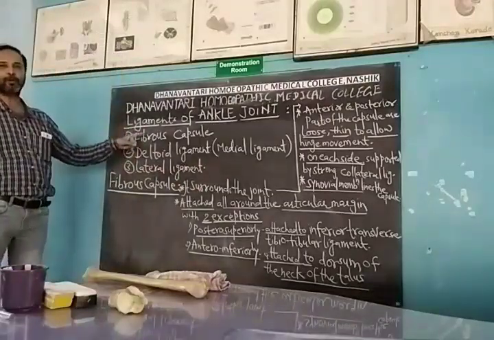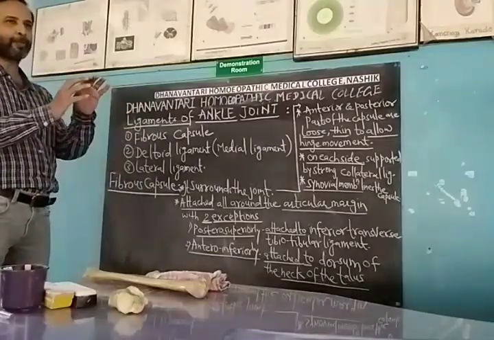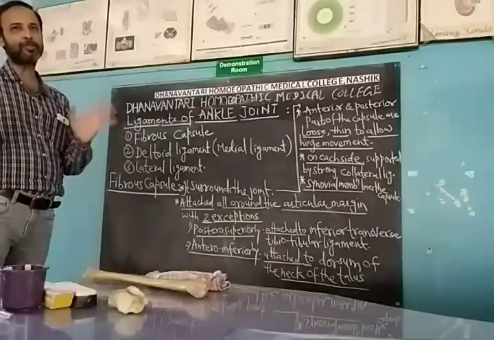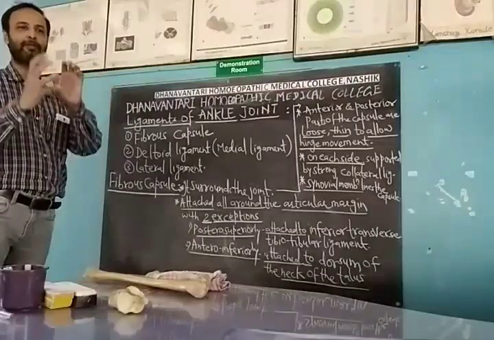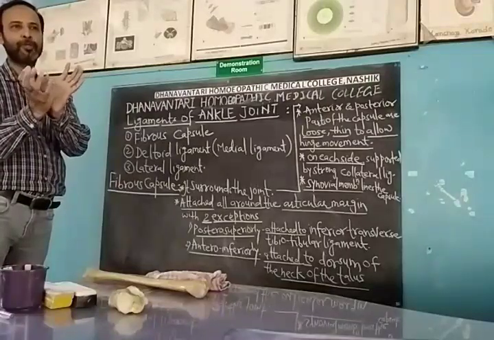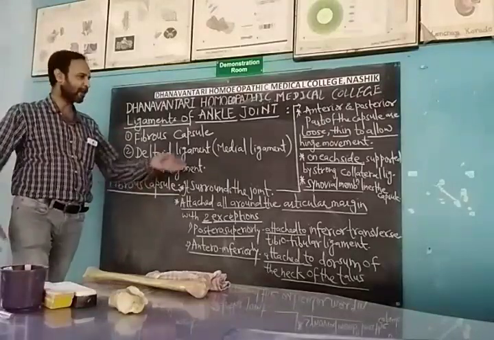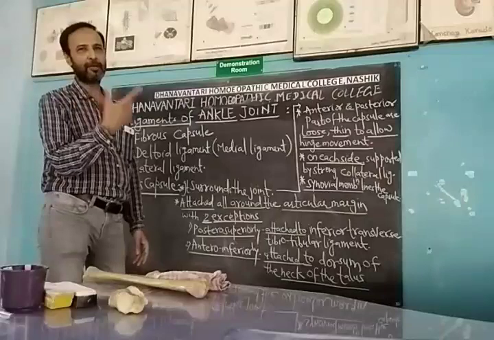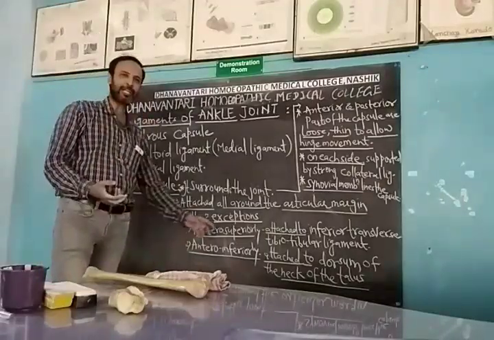Now first we'll discuss the fibrous capsule. As we know, all large joints in the body are synovial, and the complete joint is covered by a capsule. Therefore, it is capsulated. So this is the fibrous capsule. Now the following 5 points we are going to discuss here. It surrounds the entire joint, but there are two exceptions about its attachment.